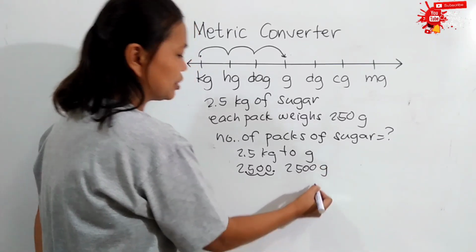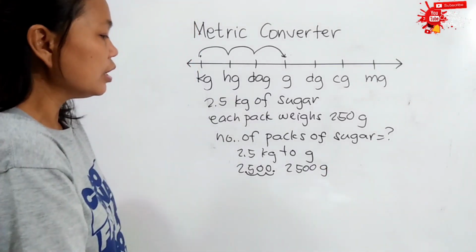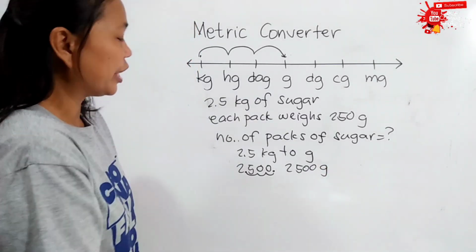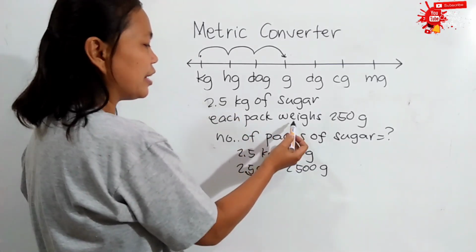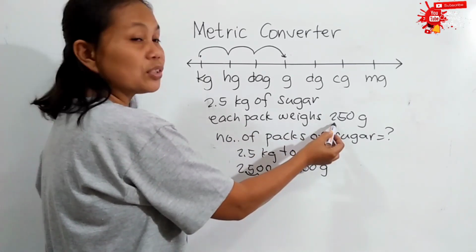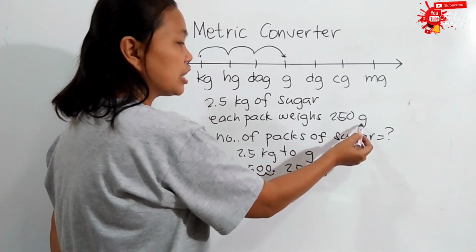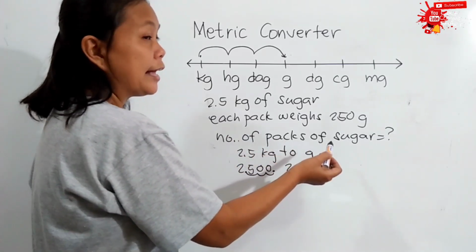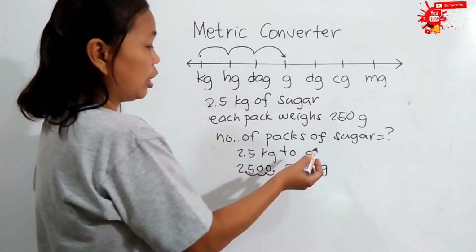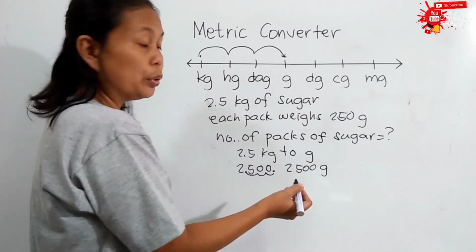So the answer will be 2,500 grams. But the mother is asking for 2,500 grams, and we can only buy sugar per pack that weighs 250 grams. So what are we going to do to find the number of packs of sugar that the person needs to buy?